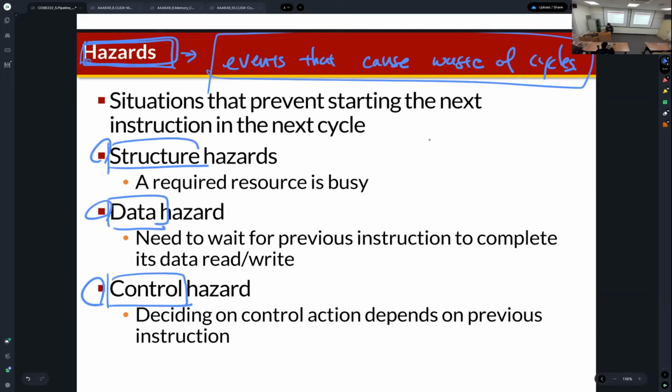So we can classify the kind of hazard based on the reasons for the waste of clock cycles. What does that mean? The first word explains the reason for the hazard. This is very important.